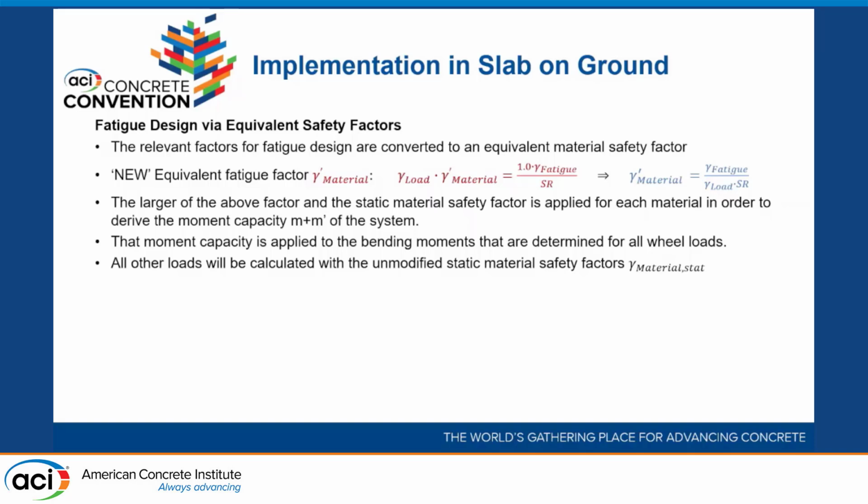The final design also includes serviceability and ultimate limit states, but this is just yet another check. The larger of the above factor and the static material safety factor is applied for each material in order to derive the moment capacity M prime of the system. Then that moment capacity is applied, obviously, to the wheel load moments that are determined by the design tool.